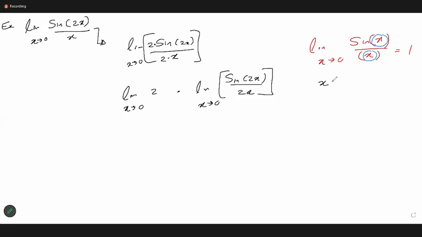When x approaches 0, what happens to 2x? It also goes to 0. So nothing to worry about that, right? You can write 2x goes to 0.